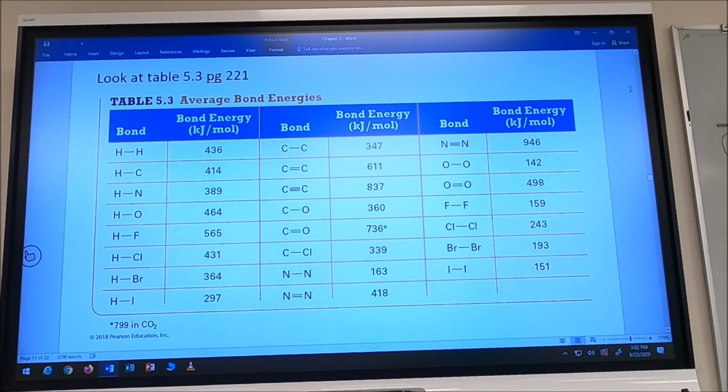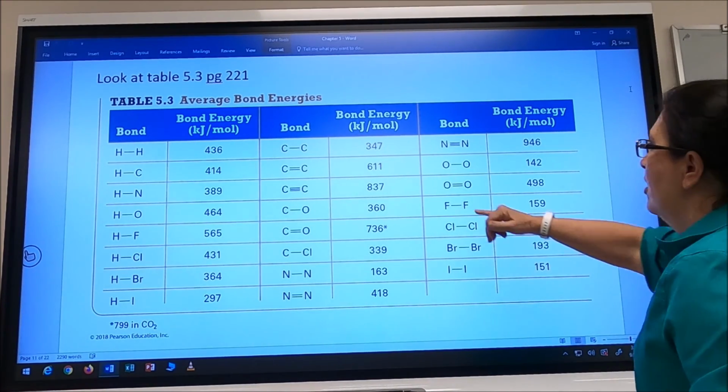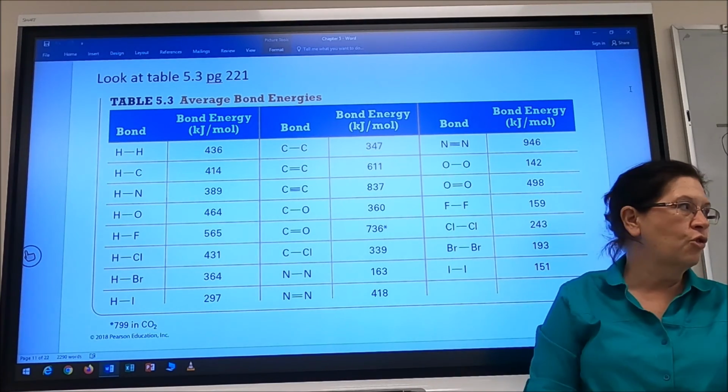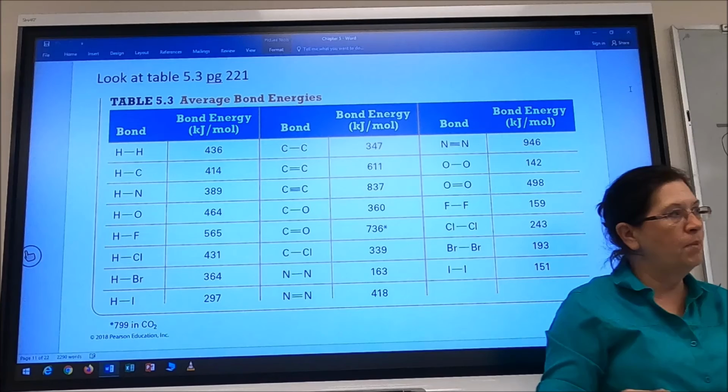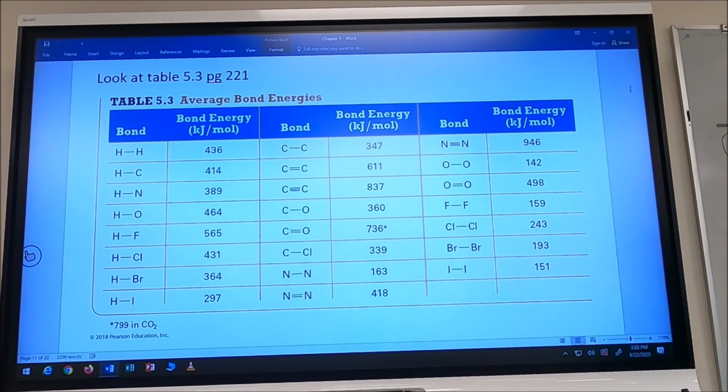So here are some bonds, and their bond energies. One of the things I want you to notice here is that a double bond is always stronger than a single bond, and a triple bond is stronger than a double bond. But notice that a triple bond is not 3 times as strong as a single bond. That's a hint that the second bond between two atoms and the third bond between two atoms are different than the first bond between two atoms.